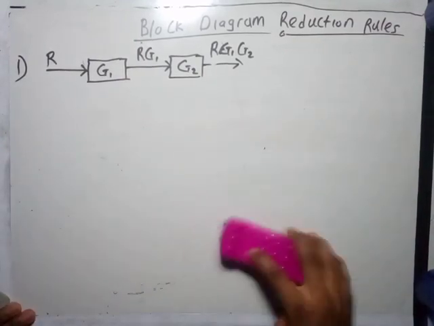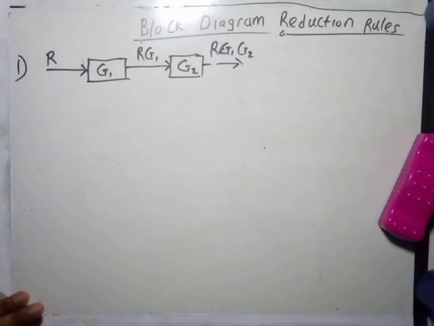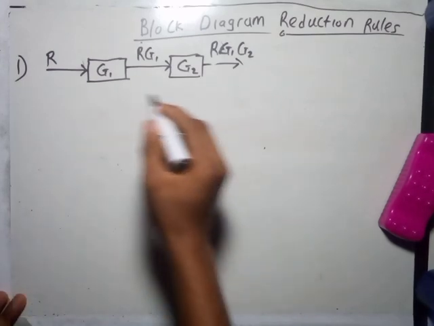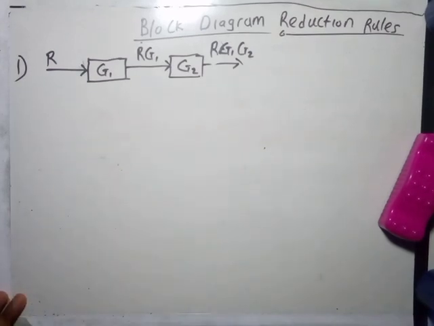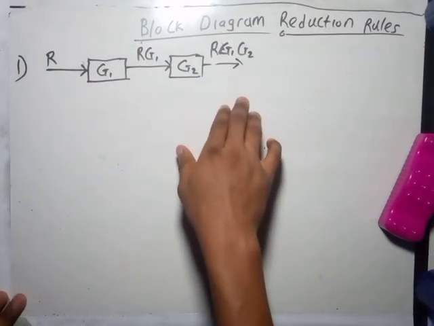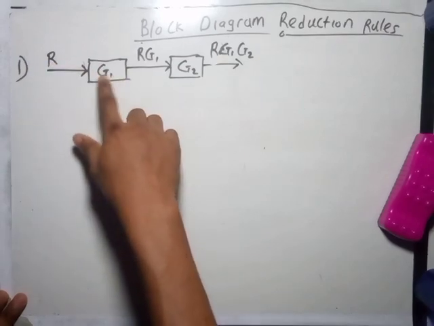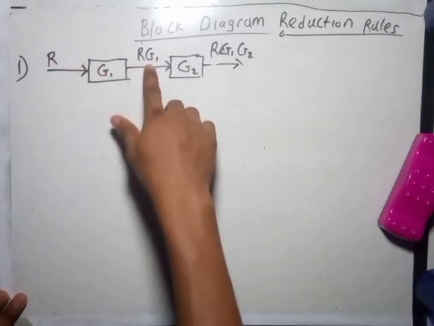Now, back to the business at hand. We are talking about the reduction rule. In case you are connected in series, when your signal passes through your transfer functions, this is what it forms.